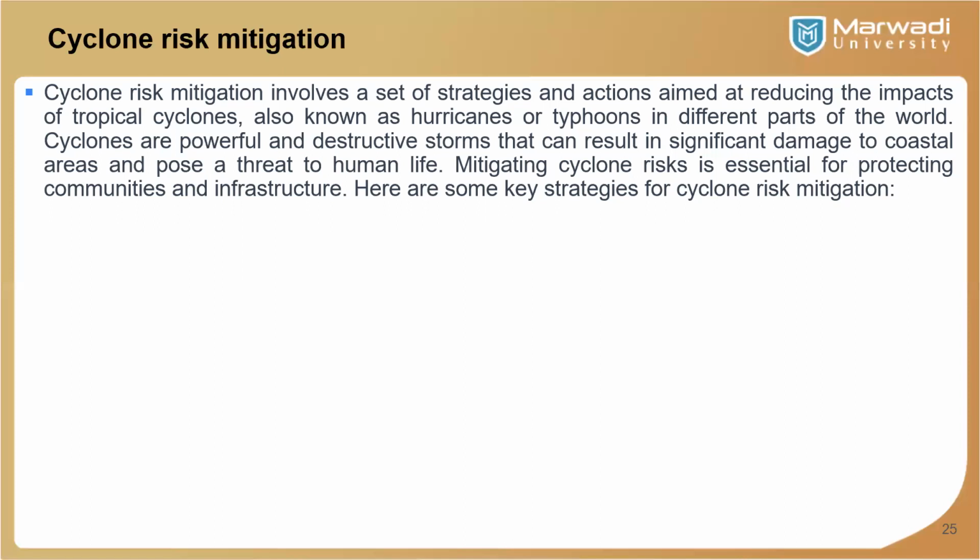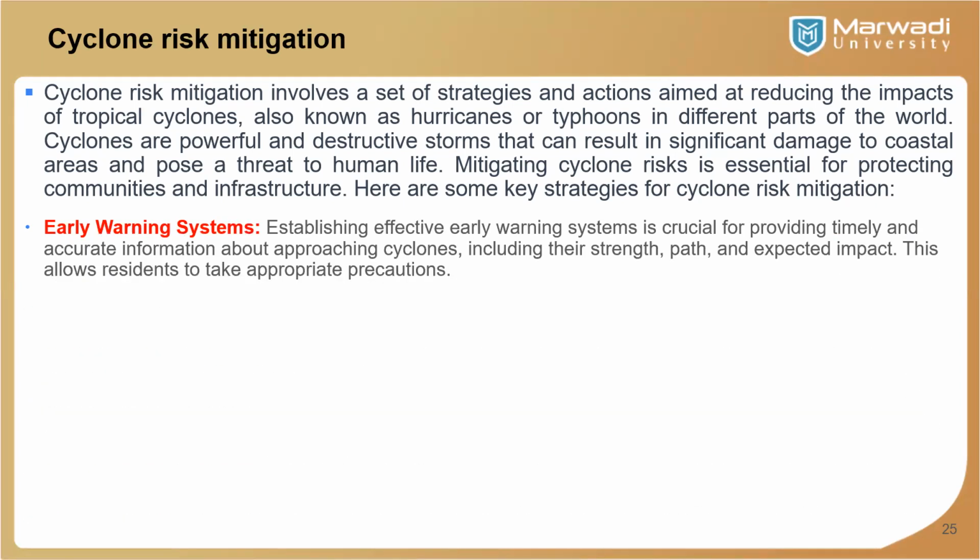Here are some of the key strategies that can be part of cyclone risk mitigation. First of all, as cyclones can be monitored, an early warning system can be established.